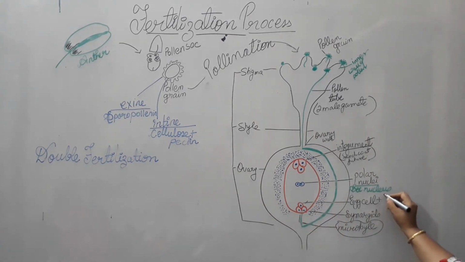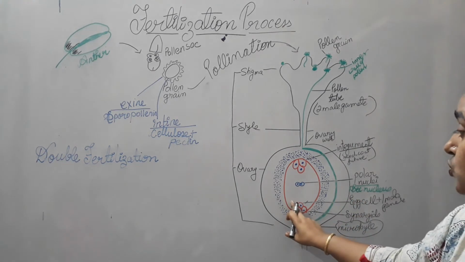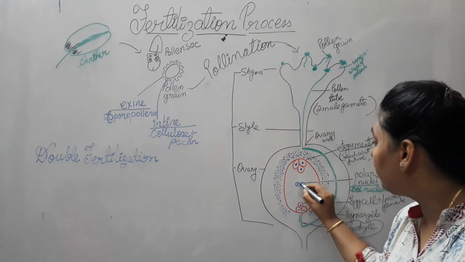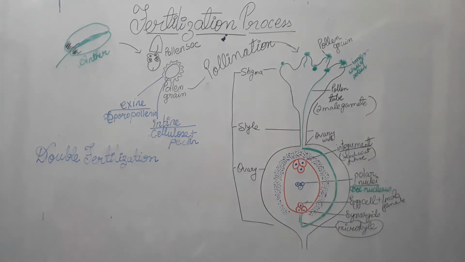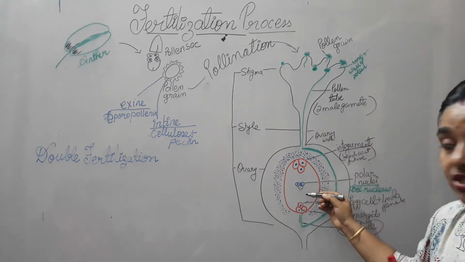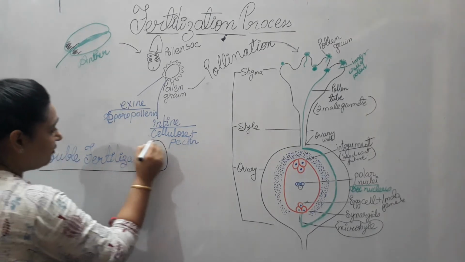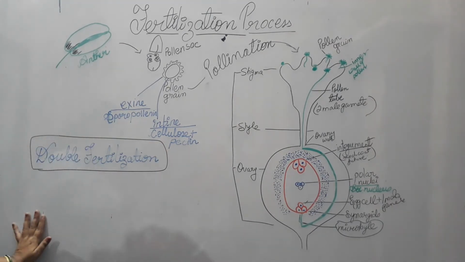The other will fuse with the polar nuclei. So that means there are two different fertilizations. That is why this is also known as double fertilization, which is a very special characteristic of all angiosperm plants, that they do double fertilization.